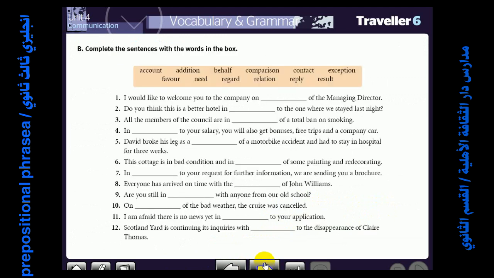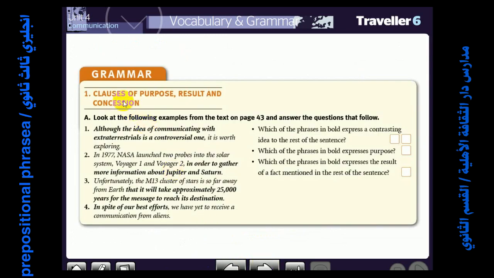If you go to the next page here, it's about grammar. So our rule, or grammatical rule, is about clauses of purpose, result, and concession. Clauses of purpose الجملة الغرضية, result النتيجة, and concession. That's page 43.